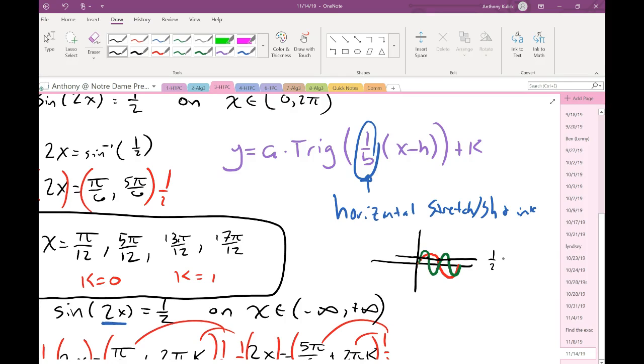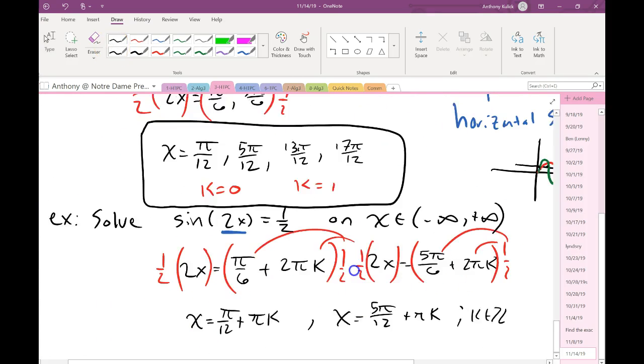So the red graph is where the x coefficient is 1. The green graph is where the x coefficient was 2. You see you're getting twice as many answers. If that x coefficient was 3, you'd expect 6, etc. Right? Everybody's okay with that? Let's do one more example here.